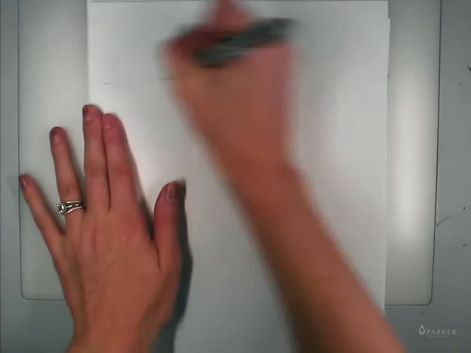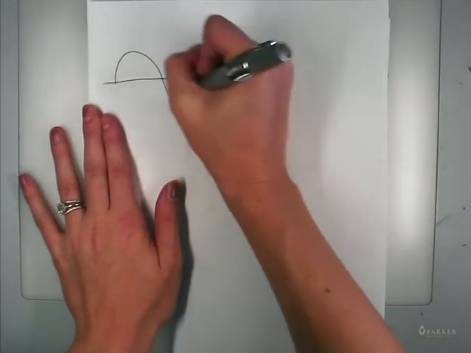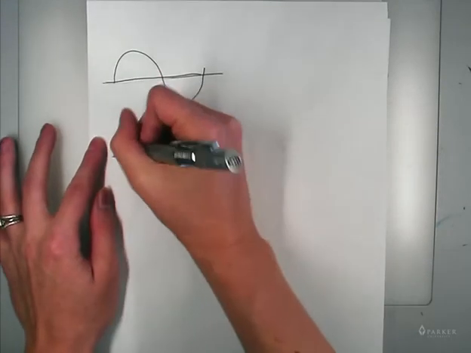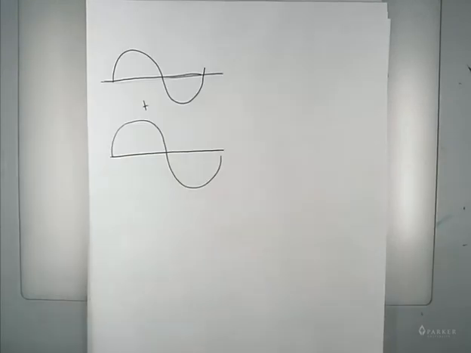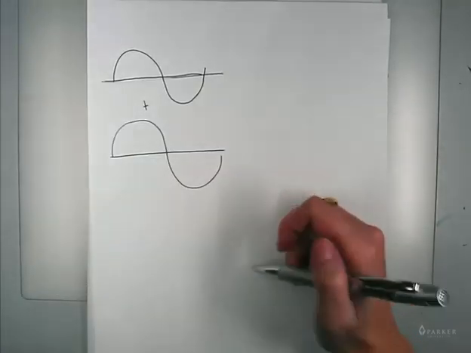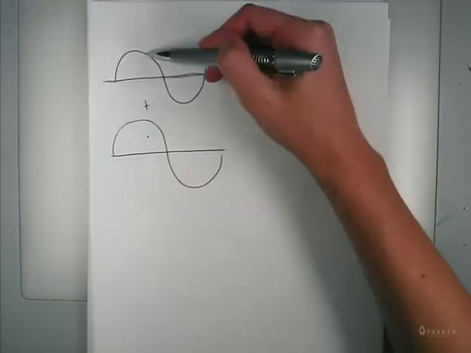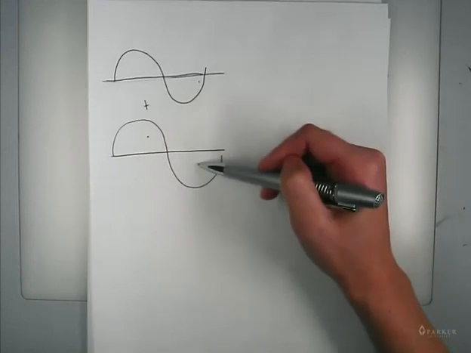So if I have this wave here, and I want to combine it with this wave here, so I want to add these waves together. Do you see that when this one goes up, that one goes up? And when this one goes down, this one goes down.